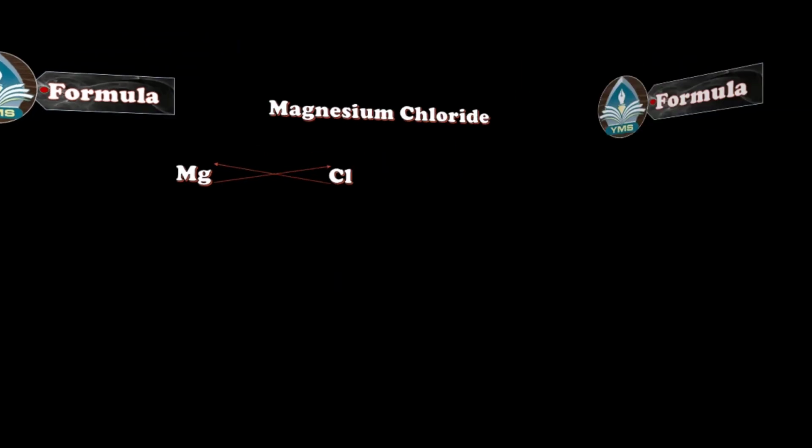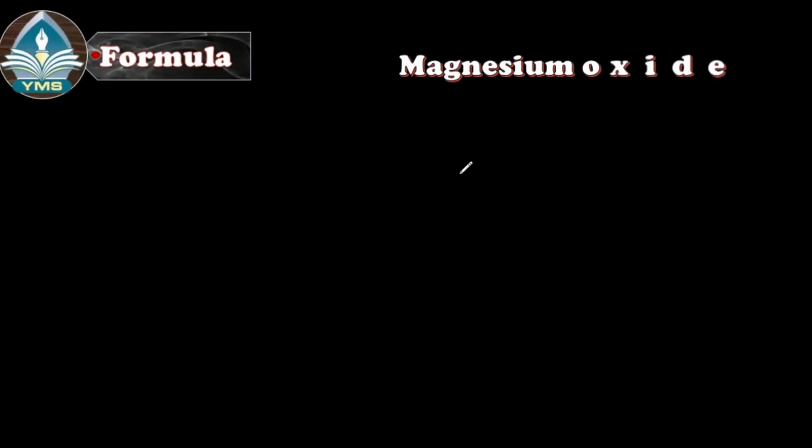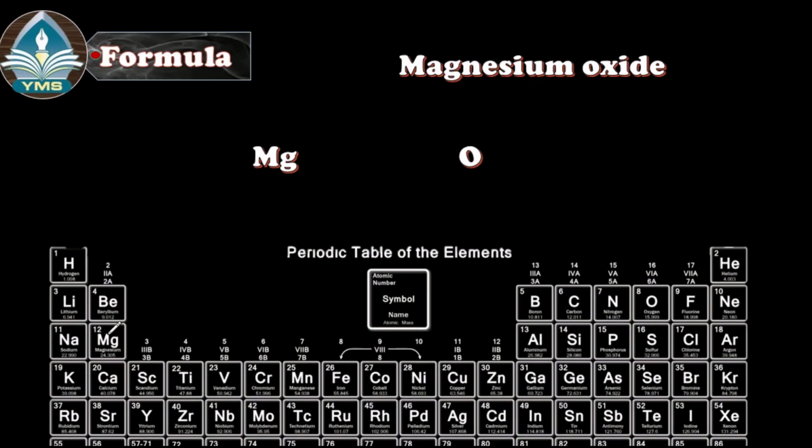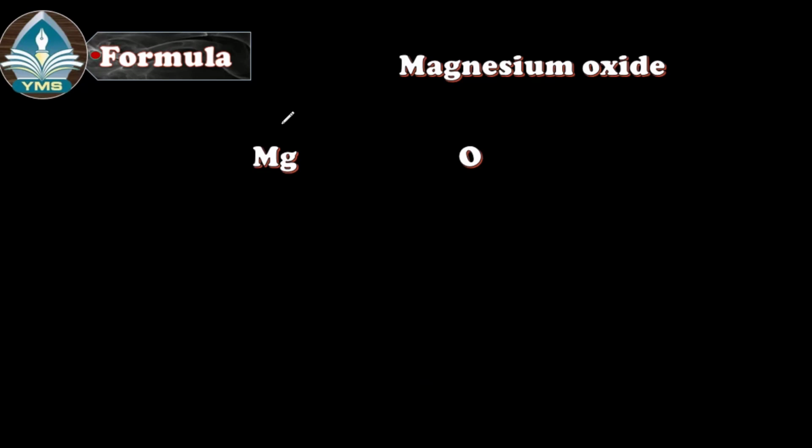Now let's look at another example to make it easier. Magnesium oxide, magnesium here and oxygen here, Mg and O. In the periodic table, we can find magnesium in group 2, so positive, and oxygen in group 6, which is 2 negative. So the oxidation number of magnesium is 2 positive. The oxidation number of oxygen is 2 negative.